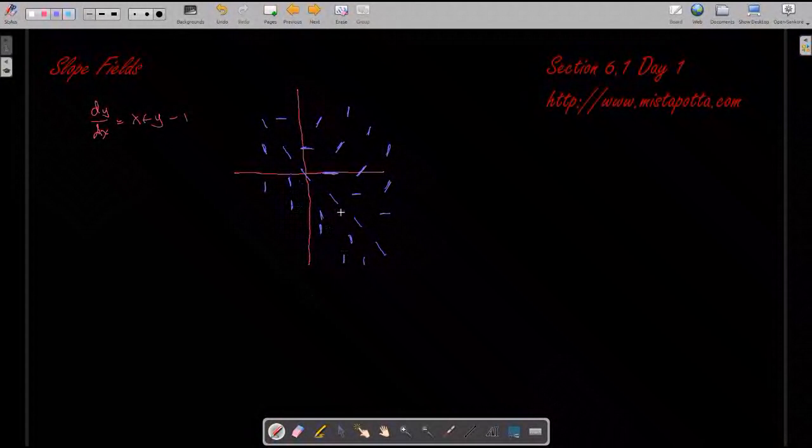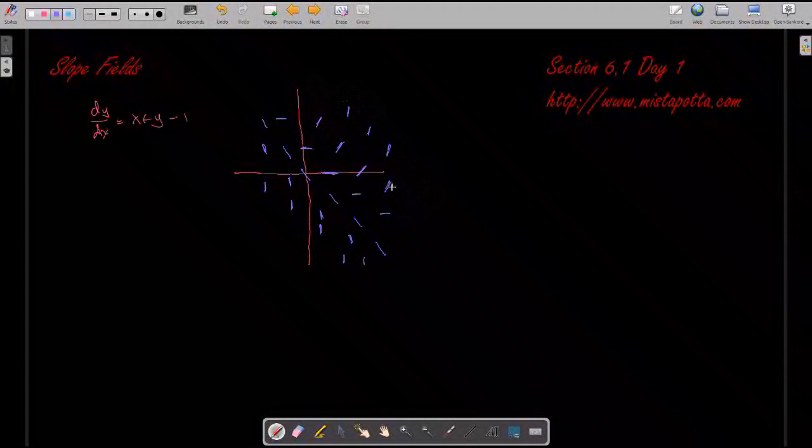And the idea here is not that I actually want to graph the actual slope values, but what I want to look at are the relational slopes. In other words, I should see the slopes steadily getting larger as x increases.